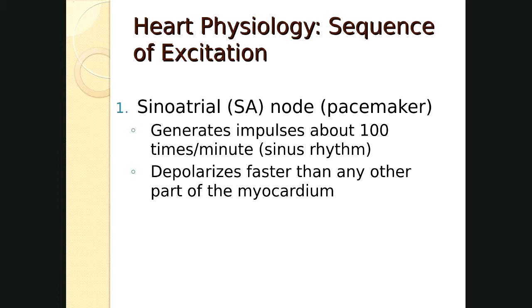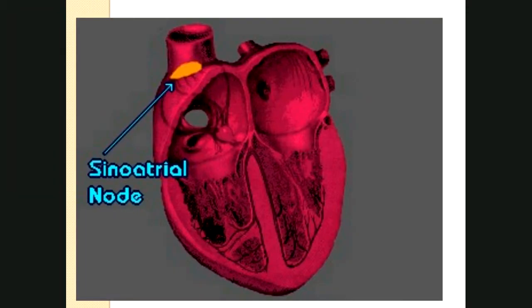It starts with something called the SA node, or the sinoatrial node. And the sinoatrial node is a little node of special tissue. The reason it starts here is because this part of the heart is the fastest part of the heart.